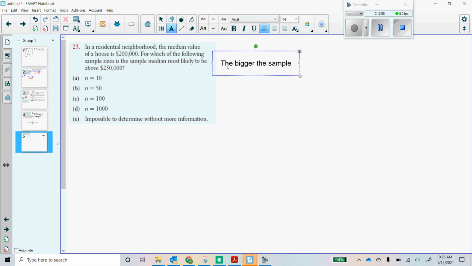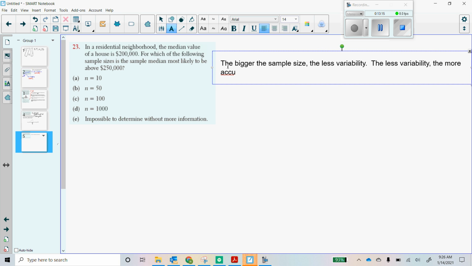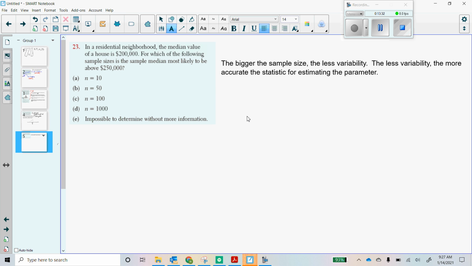The bigger the sample size, the less variability, meaning the distribution is not going to be spread out as much. And with less variability, the statistic is more accurate for estimating the parameter. So if I had a sample size of 1,000 and did a whole bunch of simple random samples of 1,000, that should be pretty close to the true median.